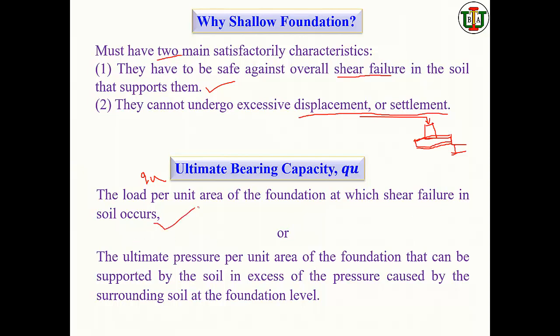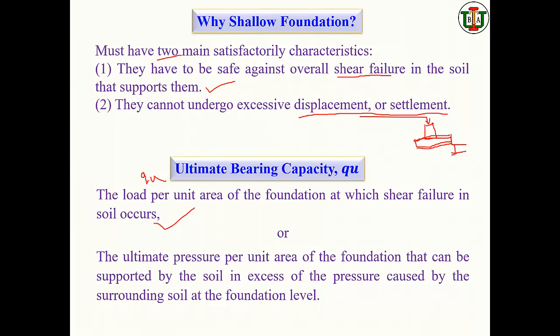Normally, just after reaching the ultimate bearing capacity, the soil will fail in shear. By reaching which point the soil shows the shear failure, that is your ultimate bearing capacity of soil.